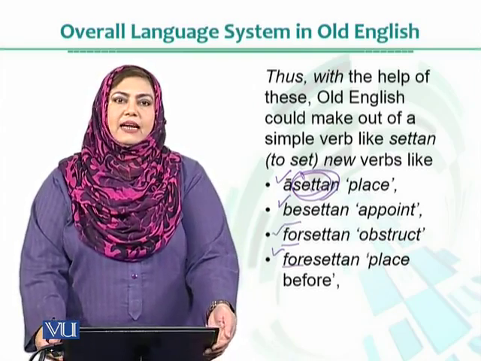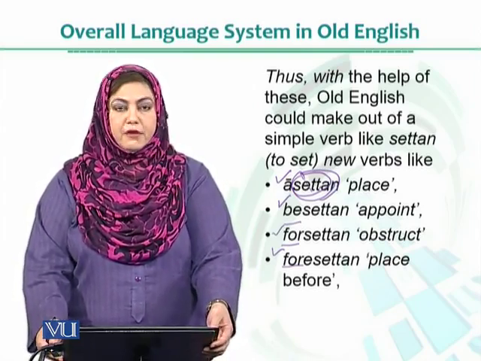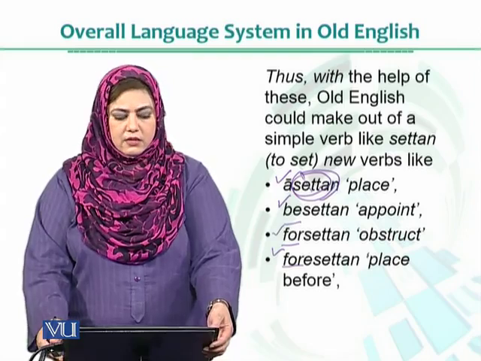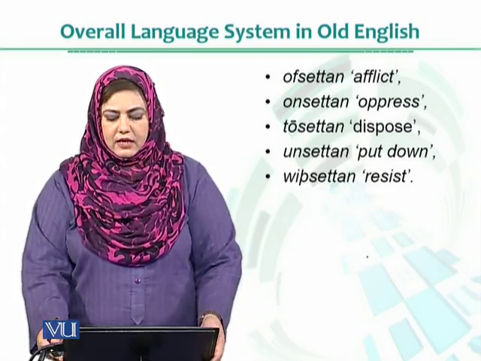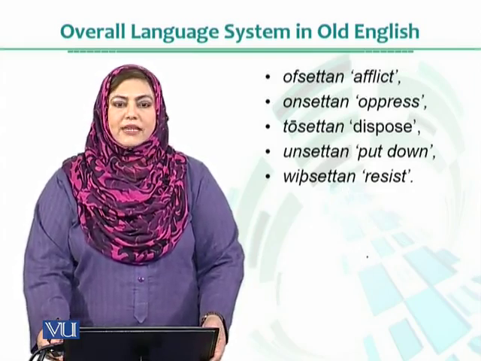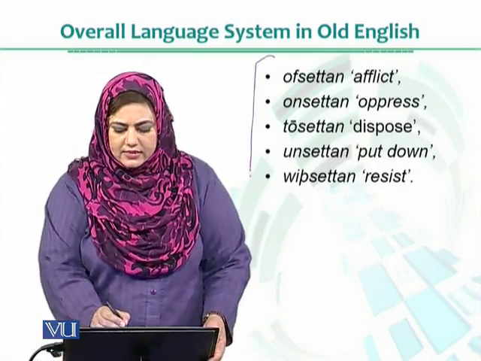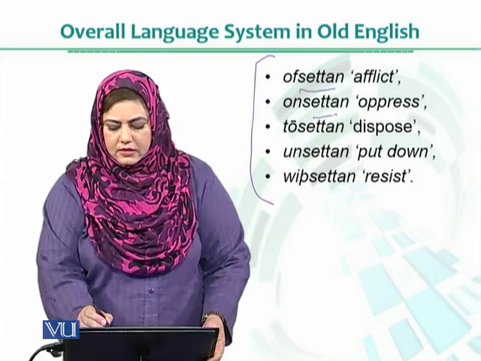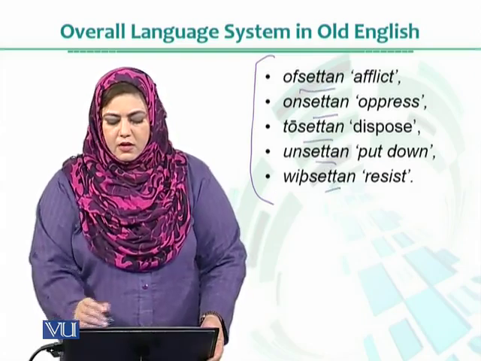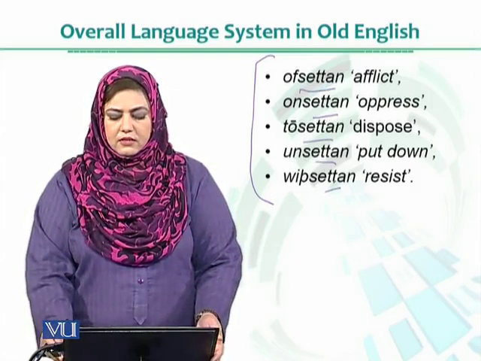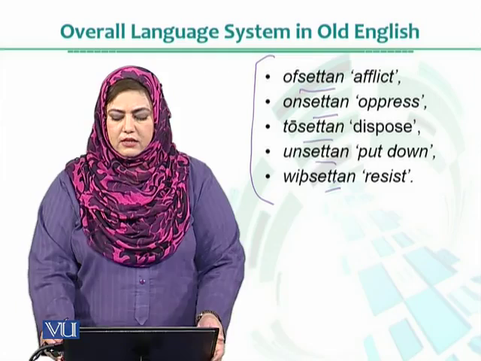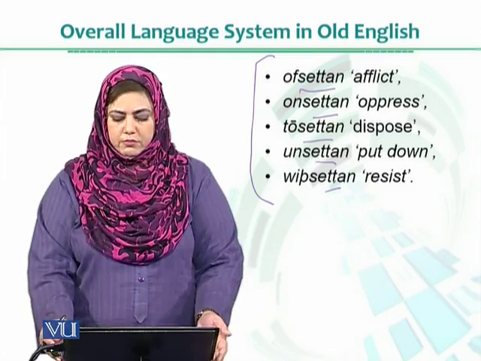The story doesn't end here, my dear students. We can make further verbs by adding these prefixes. See, for instance, a few more. Interestingly, these are again with the same setton. Offsetton, afflict. Onsetton, oppress. Tosetton, dispose. Unsetton, put down.